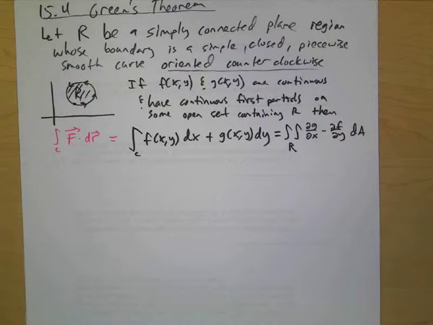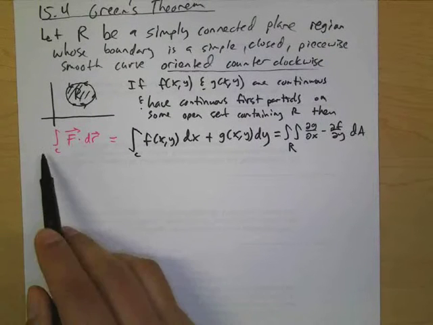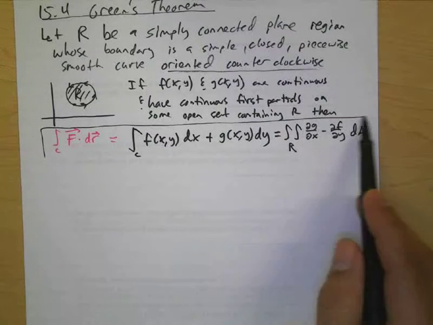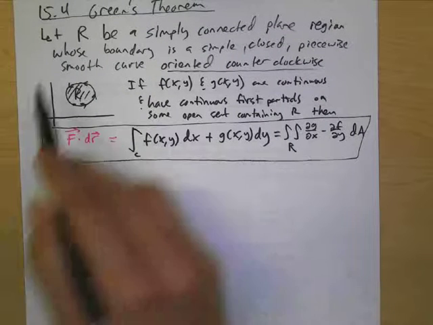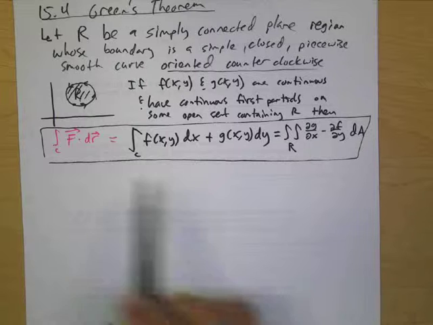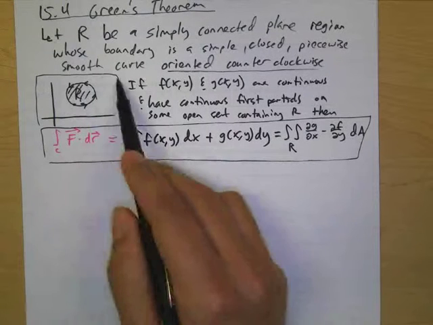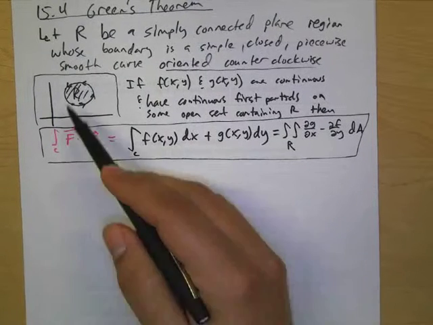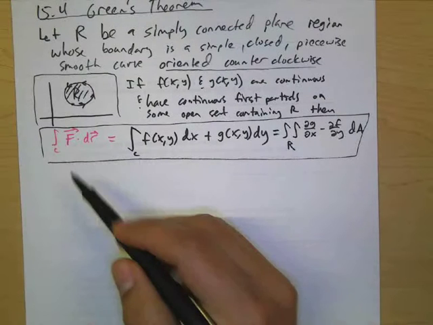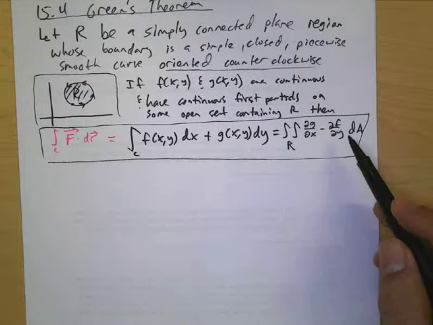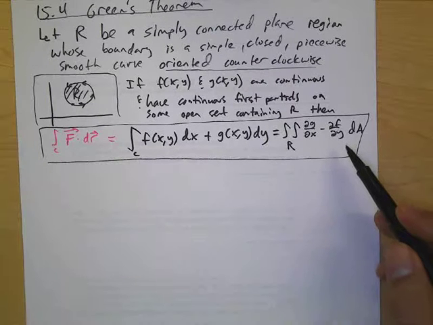Okay, so this is Green's theorem. All the description here gives the conditions that we need to have in place. This is the bulk of what you need to remember. Closed path, work integral, you can do a double integral to figure out the value of the integral.